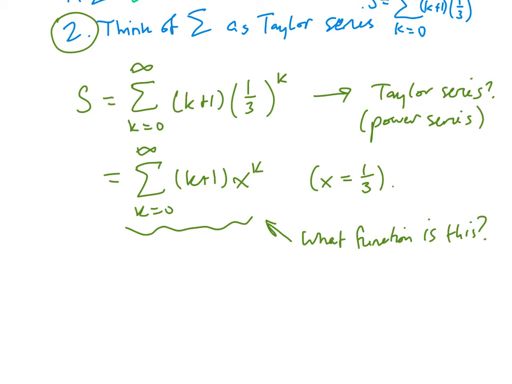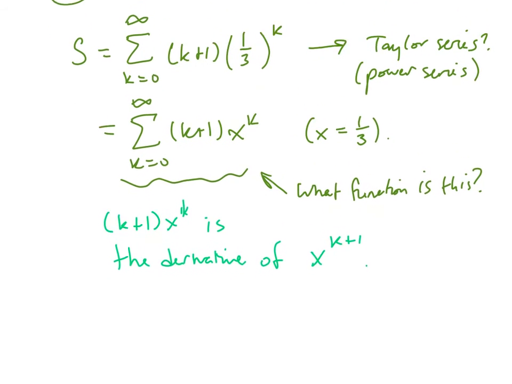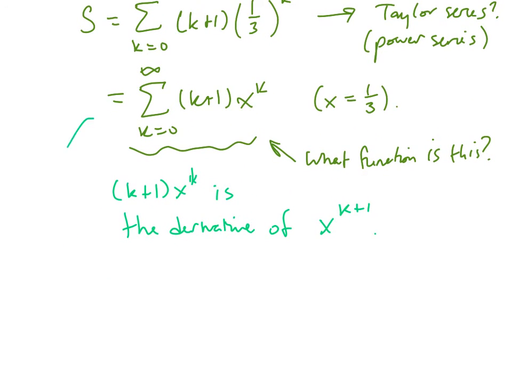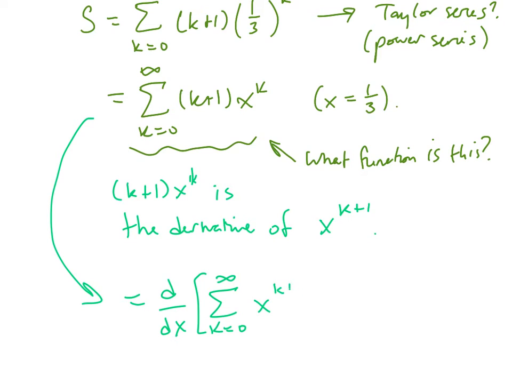One thing that I notice is that k plus 1 times x to the k is the derivative with respect to x of x to the k plus 1, which means I could think of this series as the derivative of this infinite sum, k equals 0 to infinity of x to the k plus 1.